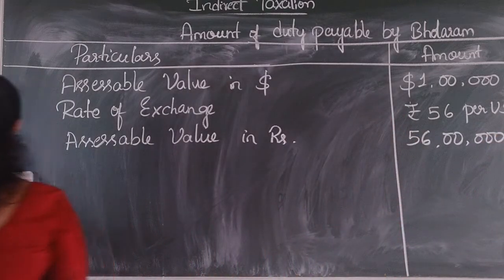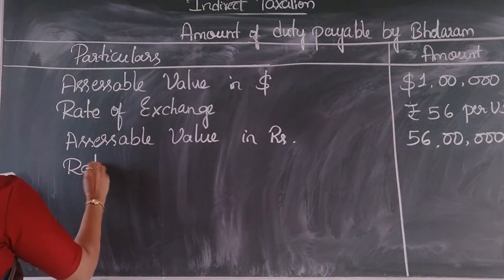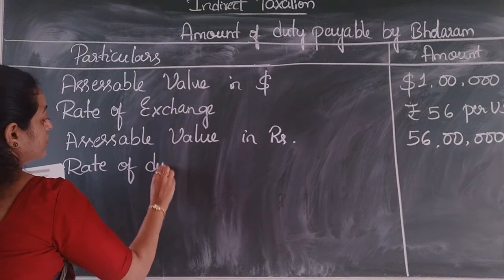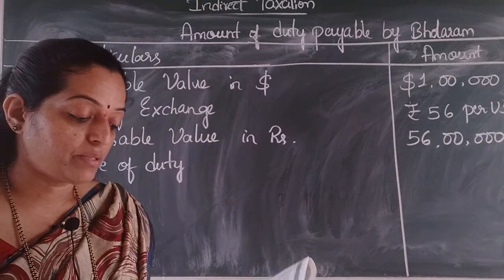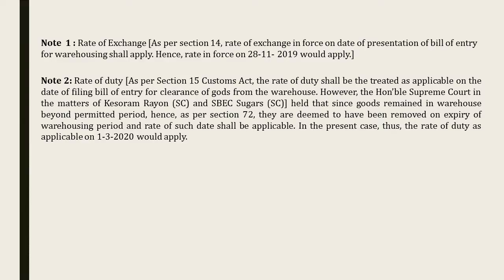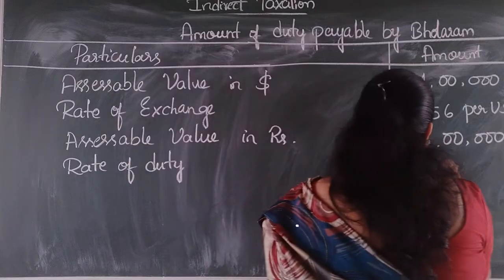After finding the assessable value, the rate of duty. See, as per section 15 of the Customs Act, the rate of duty shall be treated as applicable on the date of filing the bill of entry for clearance of goods from the warehouse. So in the present case, the rate of duty applicable on 1st March 2020 needs to be applied. The 1st March 2020 rate of duty is 10%.